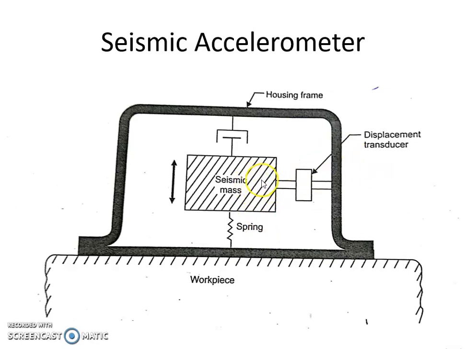Therefore the displacement of the seismic mass is directly proportional to the acceleration applied to the workpiece. So the value of displacement which is measured by means of the displacement transducer gives the value of applied acceleration. So acceleration is measured in terms of displacement. That is why this seismic accelerometer is also called a displacement accelerometer.